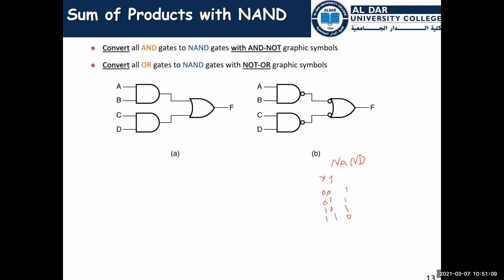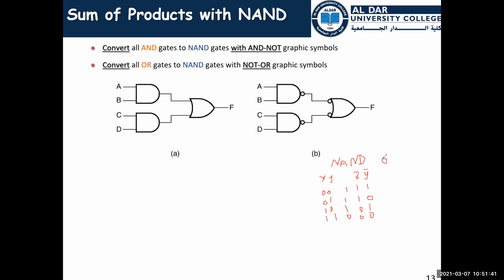What if I convert the two inputs and OR them? So let me convert the two inputs. This is X dash, so it is 1, 1, 0, 0. And I convert Y, so I have Y dash, which is 1, 0, 1, 0.